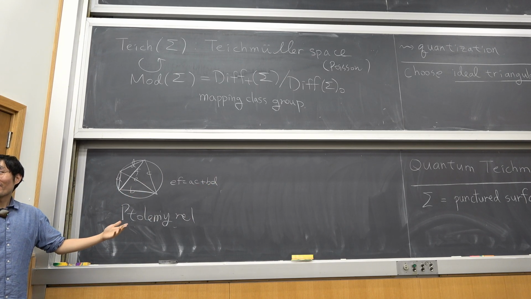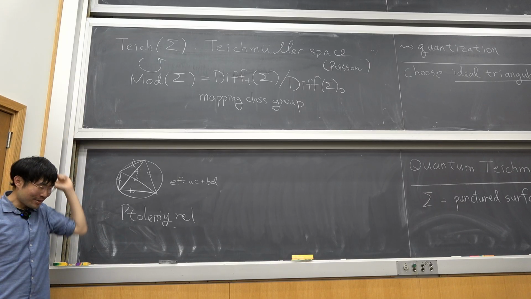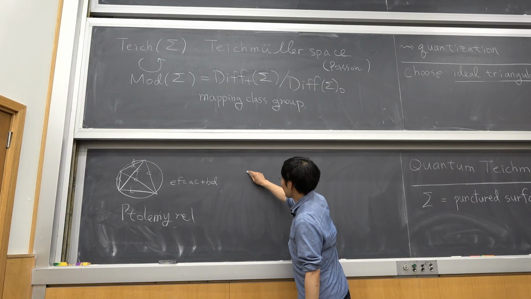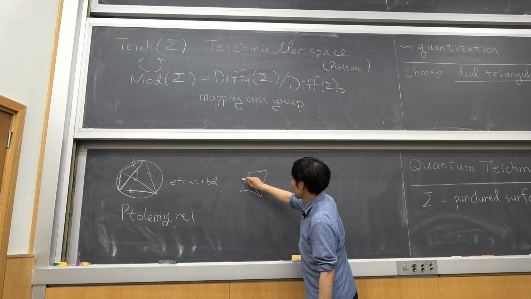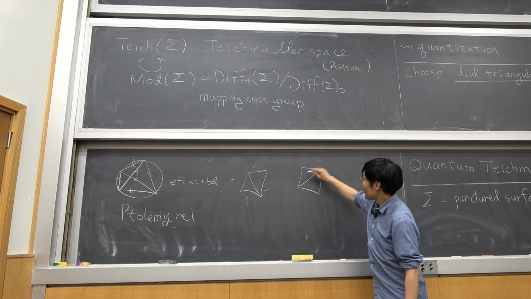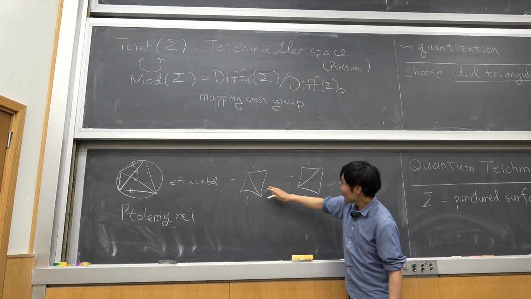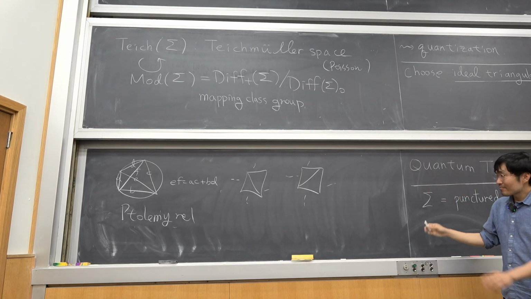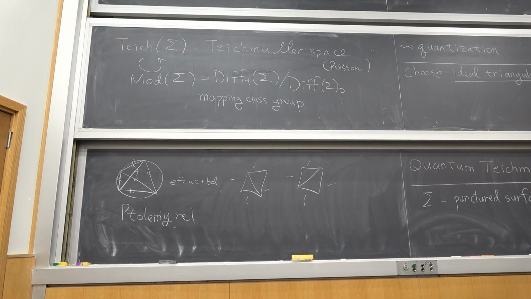And there's a hyperbolic version of it. That's what Penner's lambda length coordinates satisfy when you have an ideal triangulation and you change exactly one edge. Then these coordinates satisfy that kind of relation. But let me not go into that. Anyway, I think that's why it's called Ptolemy. But maybe I'm wrong.